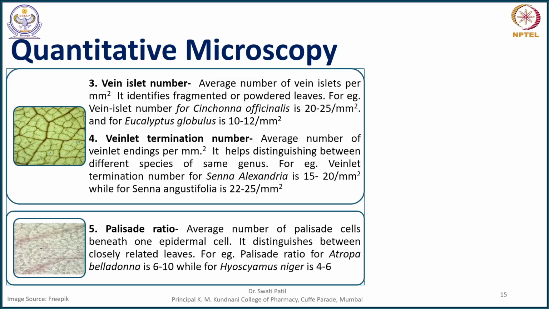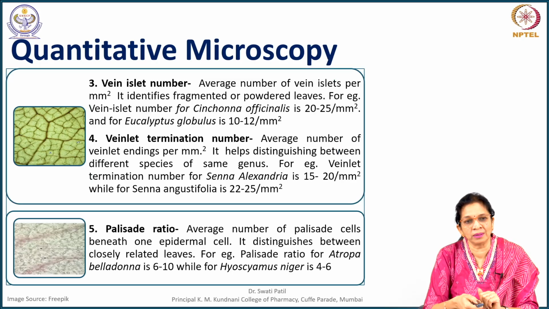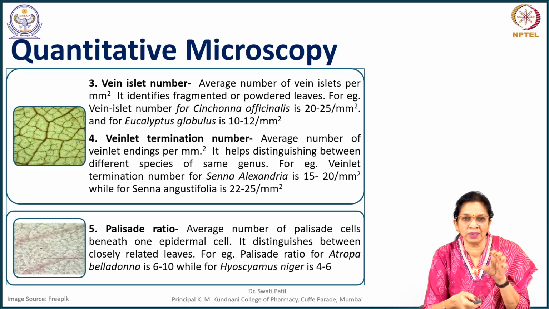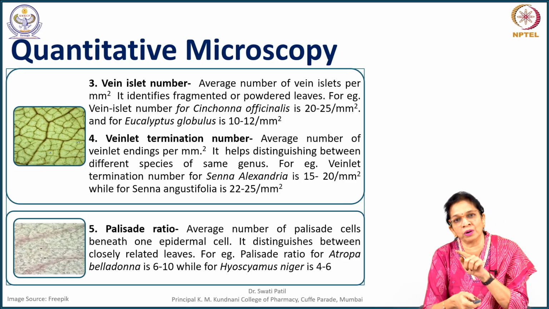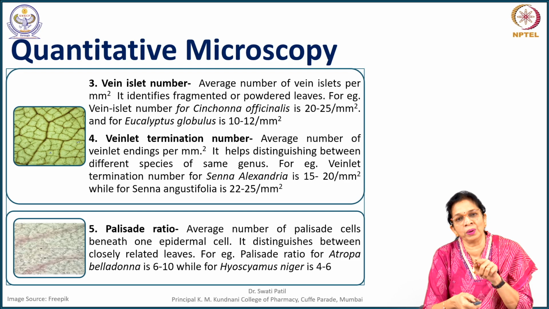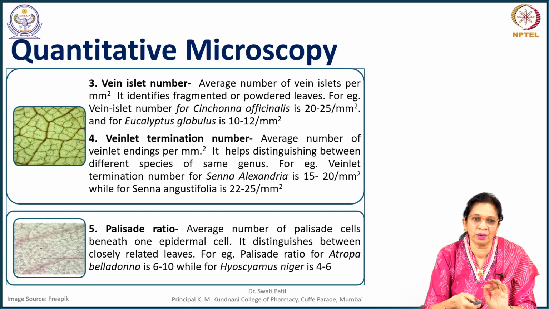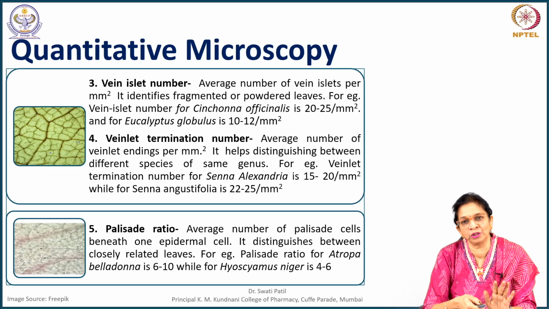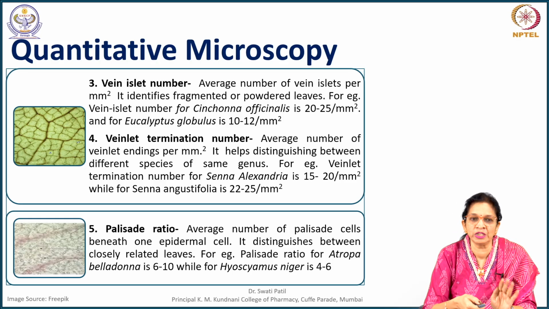Quantitative microscopy also includes the number of vein islets. What is a vein islet? An area on the green lamina of the leaf which is covered on all sides by veins or veinlets is called a vein islet. So, counting the number, like the stomata, will help us identify two different species.